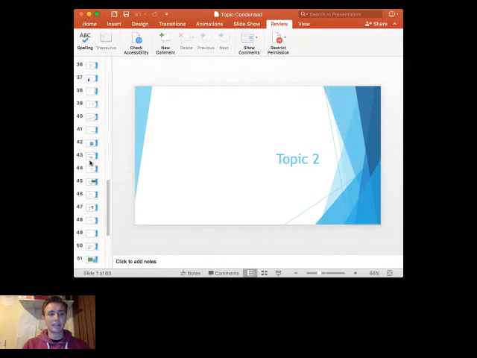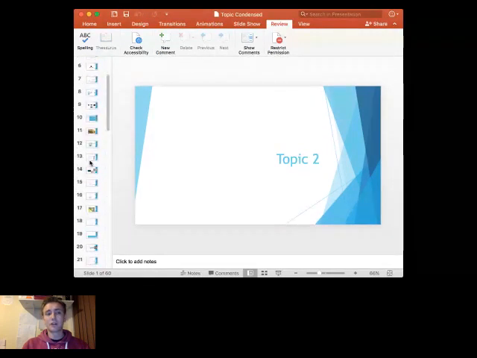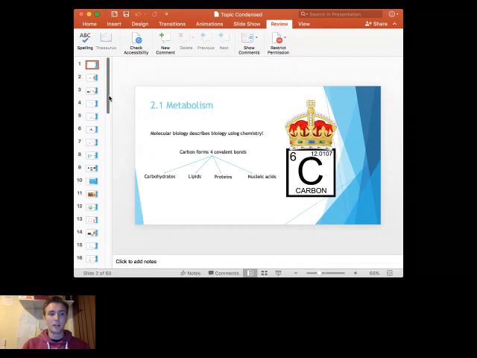And in HL, it has connections to topic 7 and topic 8, talking about cell respiration and nucleic acid structure and that kind of stuff. It would be nice if we could get to that in the time that we have today, but I have a feeling that we might not get all the way until the end, but we'll get through as much as possible. So how about we just get right into it?